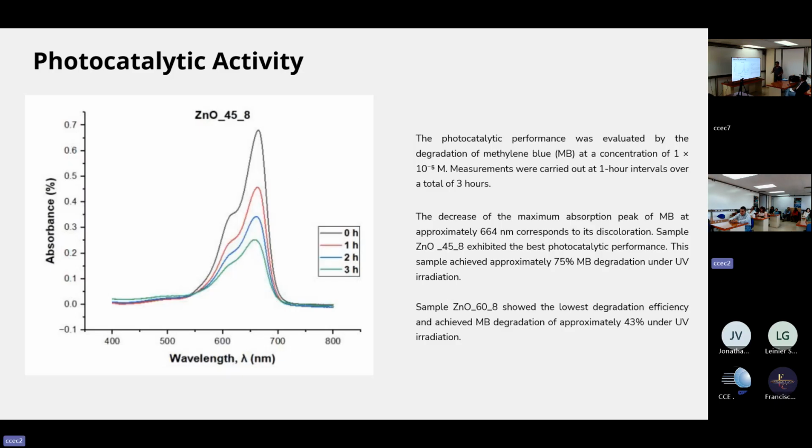This result confirmed that moderate roughness and grain size are beneficial factors for the efficient production and transport of photoinduced carriers.